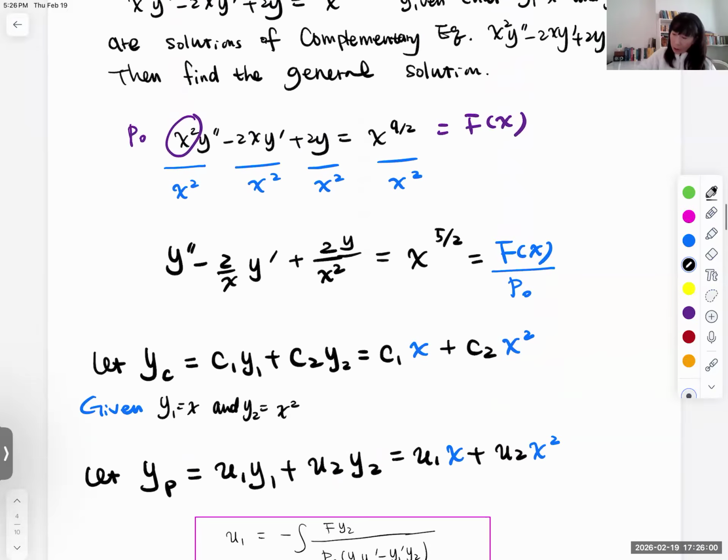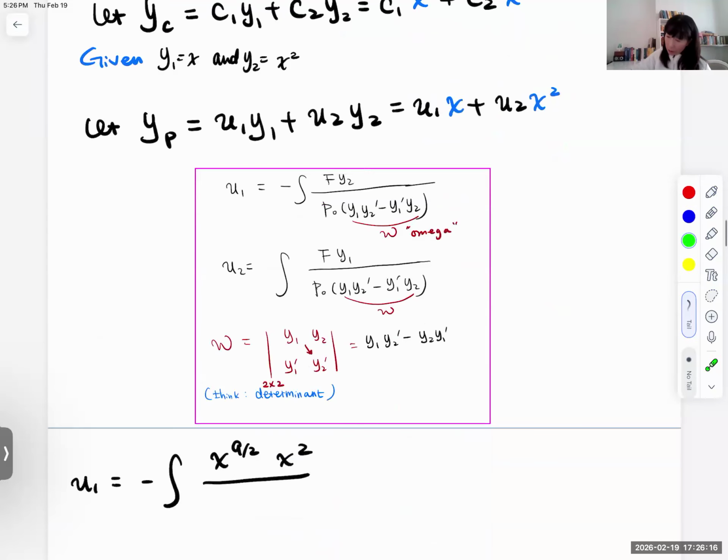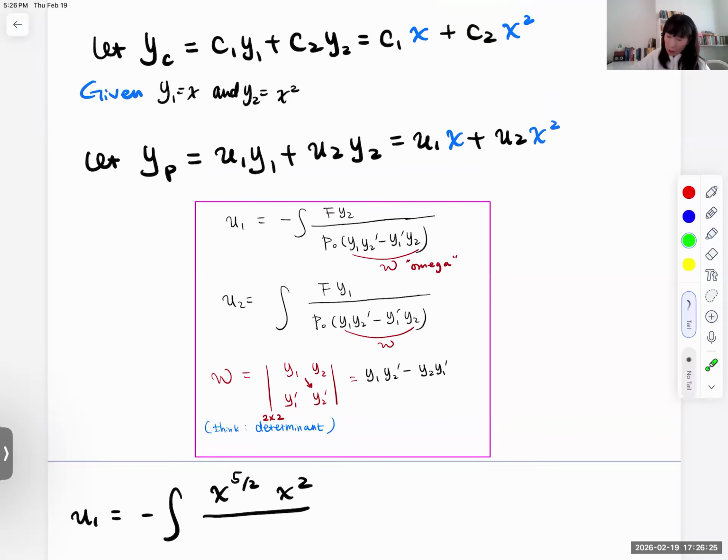P naught will be x squared, right? Or we can use f over x p naught. Let's work, right? Make sense? Okay, let's use this one so that we don't have to do extra work. So 5 over 2, 5 over 2, right? Then we deal with this one, y squared.